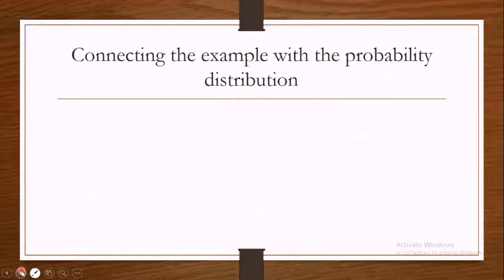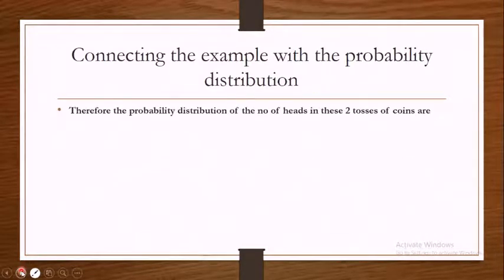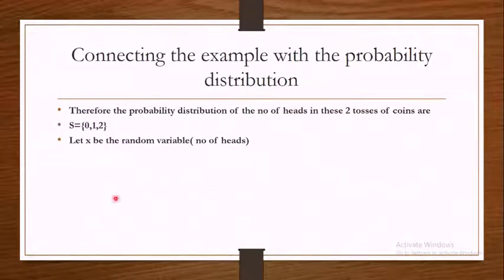So connecting the example, I'm going to rewrite my S as 0, 1 and 2. Why did I write S as 0, 1 and 2? Because here I'm going to define my variable X, a random variable, as the number of heads that turn up when I toss the coin each time.